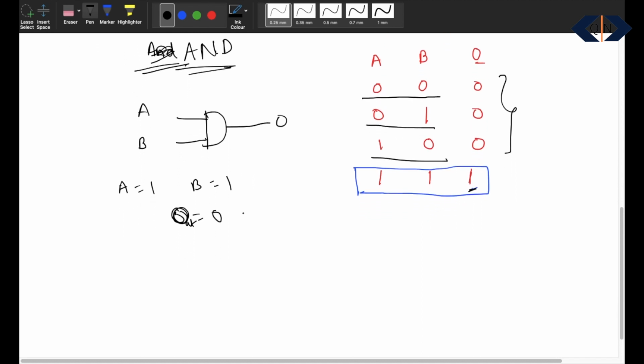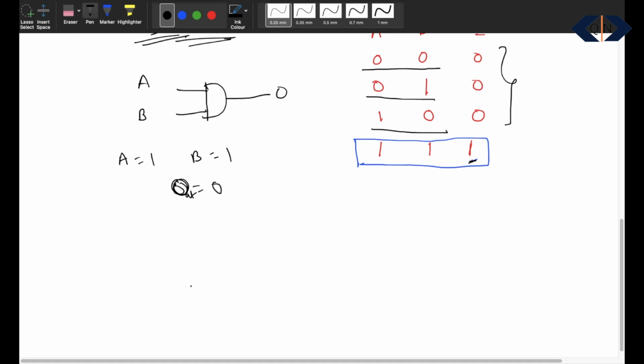So let's see if it is possible or not first of all. Let's look without drawing any circuit, just at the truth table, and see whether our theory of having equal states in input and output works for reversible gates or not.